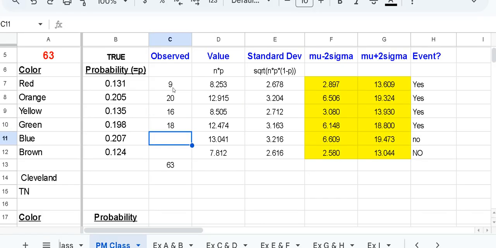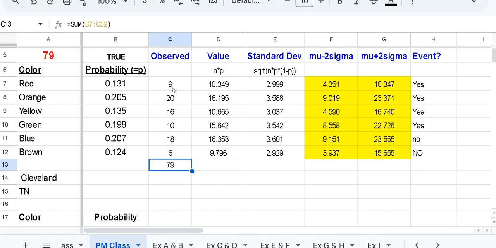We forgot the last 5. Oh, I mean blue. So green is 10. Blue is 18? Okay. And brown is 6. All right, so we had 79 M&Ms altogether.